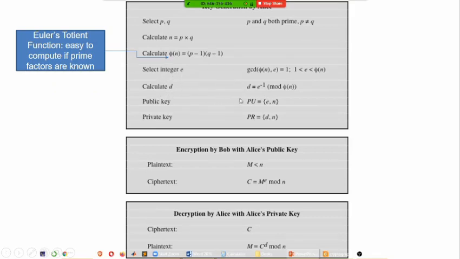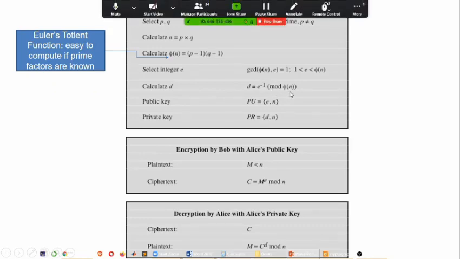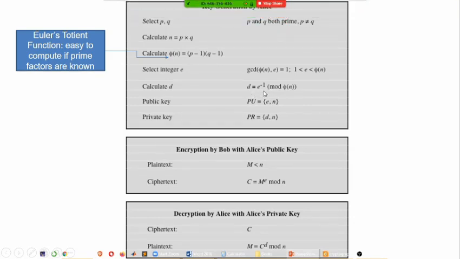Now D, the computation is very simple. D is the multiplicative inverse of E in mod phi of n. So ഇതെങ്ങനെ multiplicative inverse ഏത് algorithm വെച്ചായിരുന്നു കണ്ടുപിടിക്കുന്നത്? Exactly, the inverse Euclidean algorithm.